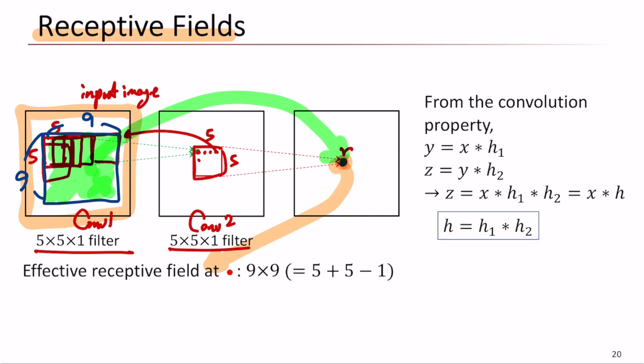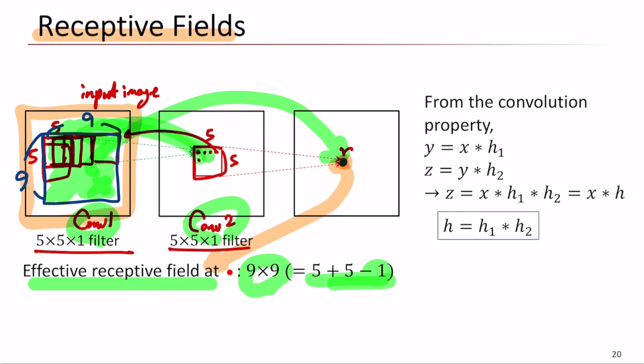So in other words, the receptive field of this component, which consists of conv 1 and conv 2, is 9 by 9. 9 by 9, because of 5 plus 5 minus 1. Why minus 1? Just try to work it out yourself. That's very straightforward, right?